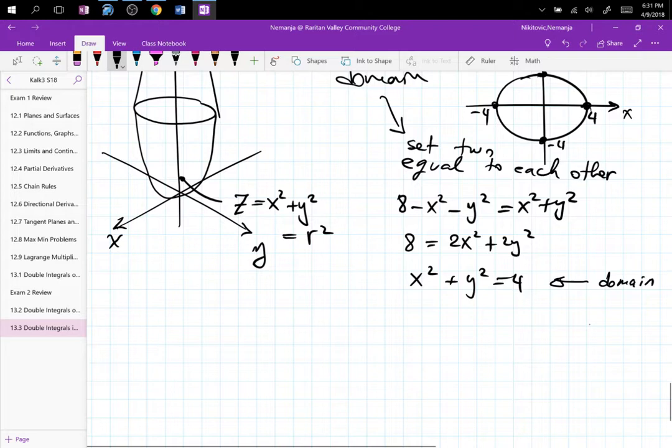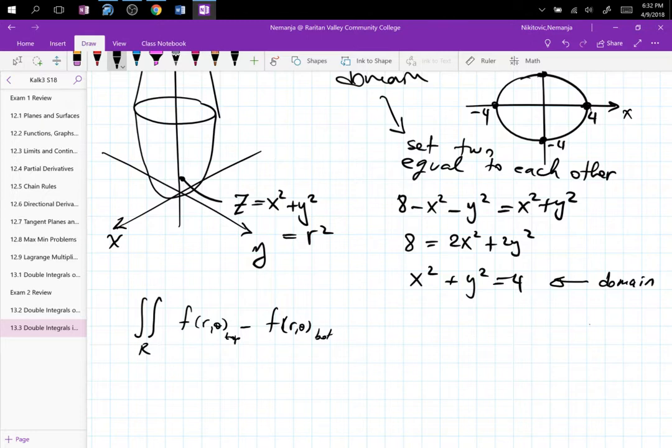So we start by saying that the double integral over the region, right? We're going to end up with numbers everywhere. Of, look what I'm writing here. f(r, theta) top minus f(r, theta) bottom, r dr d theta.